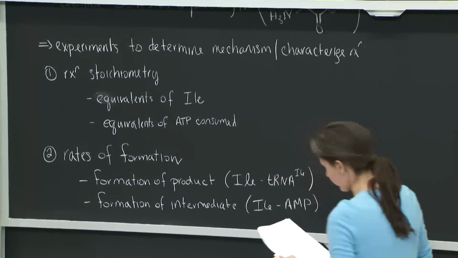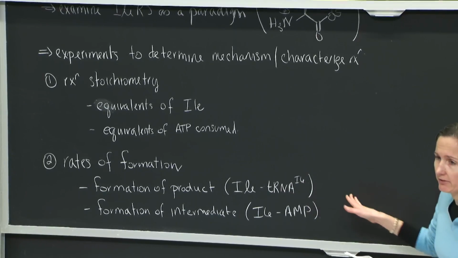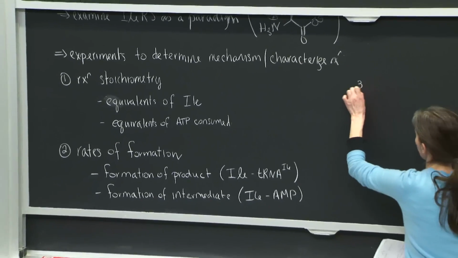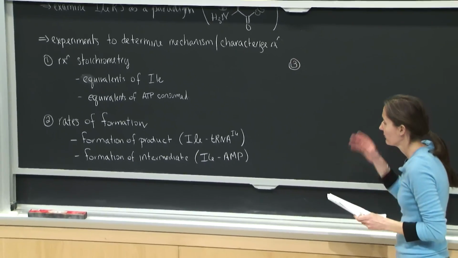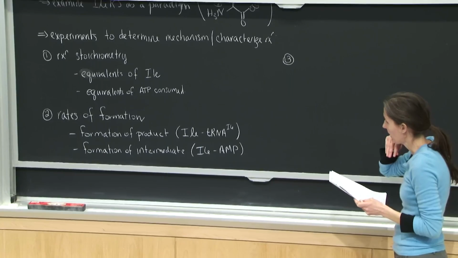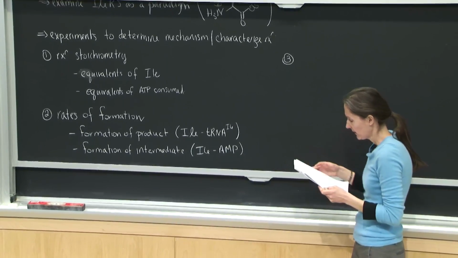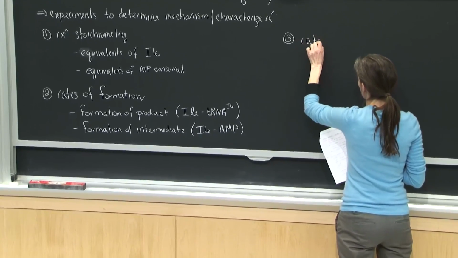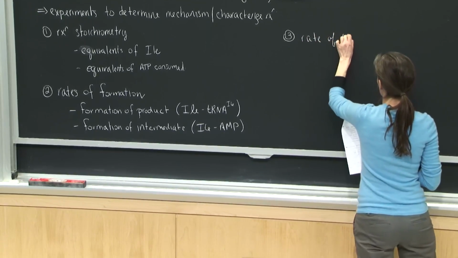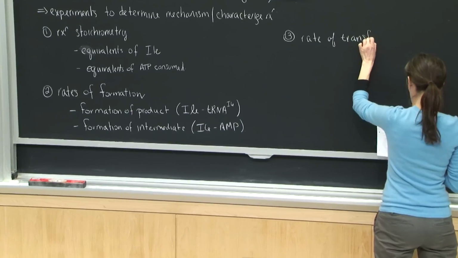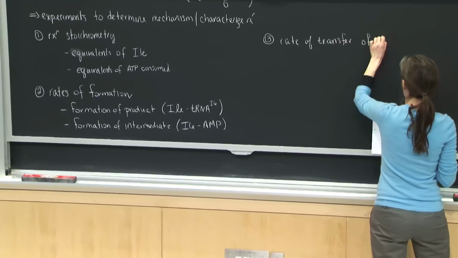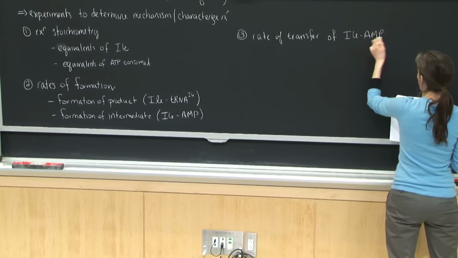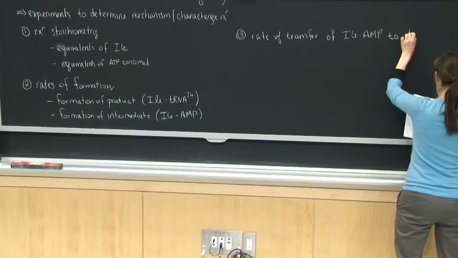Okay. And what else would we like to know? Right? If we can figure out how, in addition to the rate of formation of the product and the intermediate, we can think about the rate of transfer of ILE from the intermediate to the tRNA.